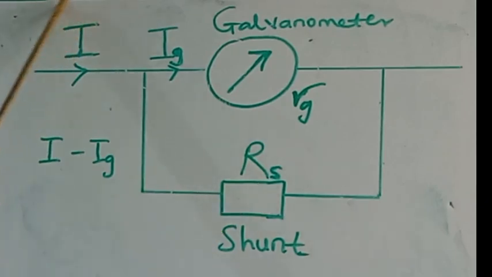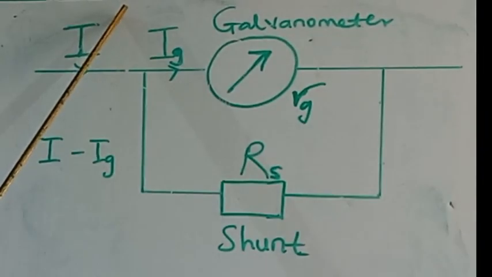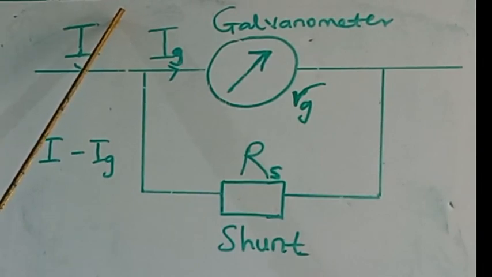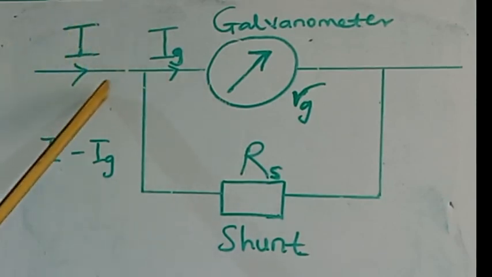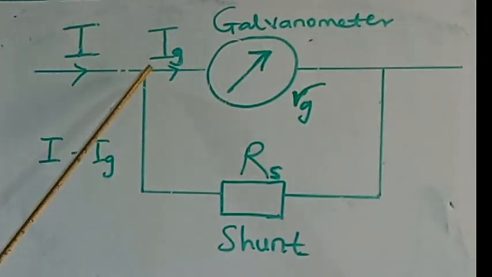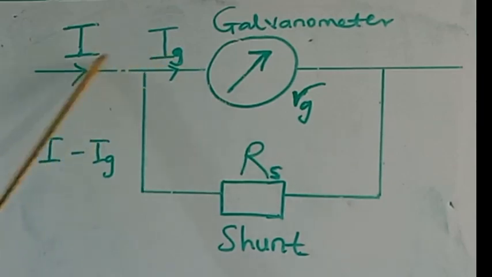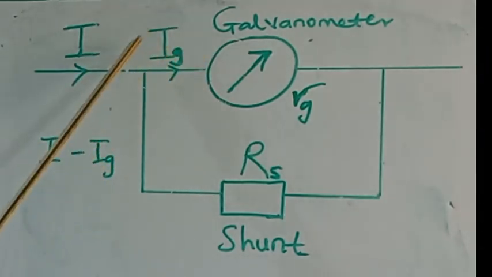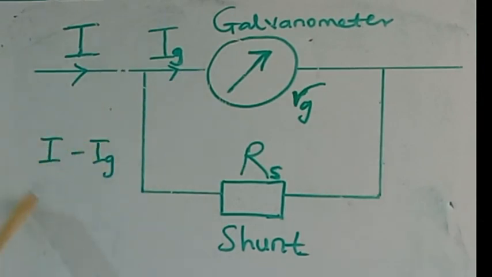If the total current is I, the current that will flow through the shunt will be I minus the one flowing through the galvanometer, IG.